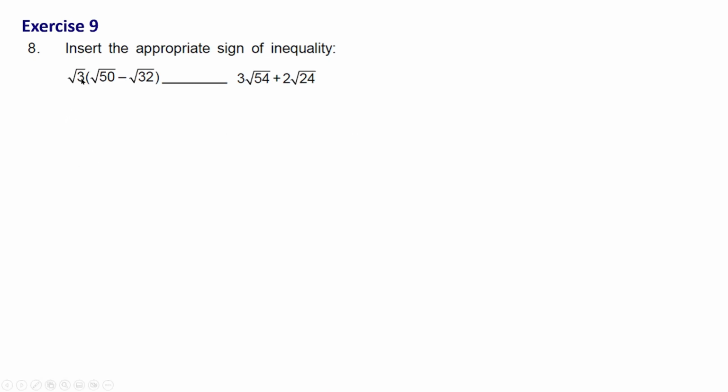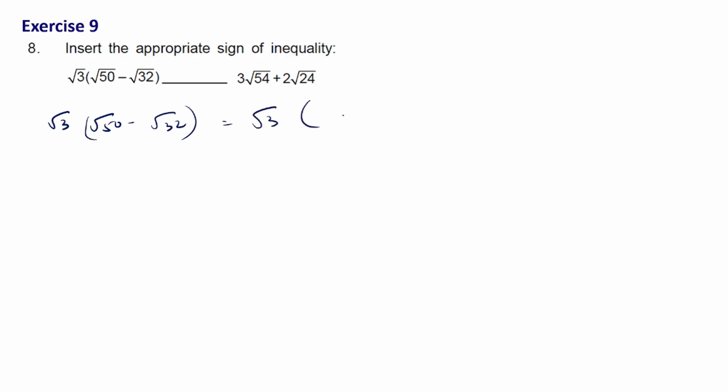Next question, insert the appropriate sign of inequality. So here we have root 3 into root 50 minus root 32, and in the right hand side we have 3 root 54 plus 2 root 24. So first let us take root 3 into root 50 minus root 32.